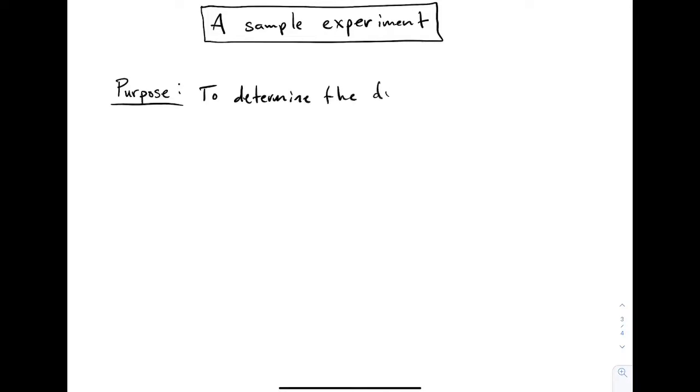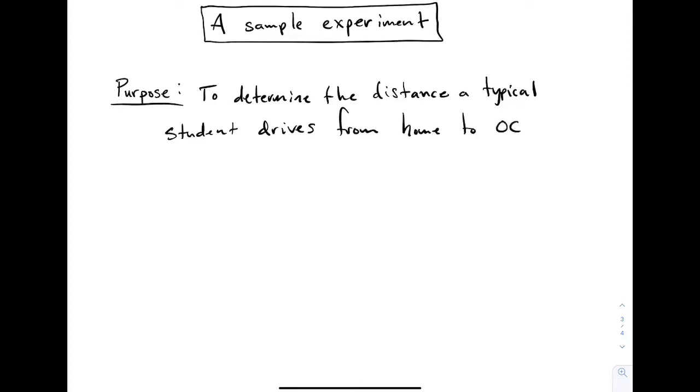And the reason that we would do this, or I would ask this in class, is so I could collect the data right there in class with all of you.